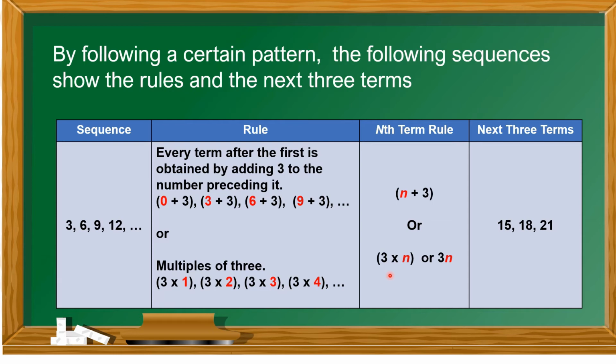For the multiples of 3, 3 times 5 is 15. Next, 3 times 6 is equal to 18. And 3 times 7 is 21. Therefore, the next 3 terms are 15, 18, and 21.